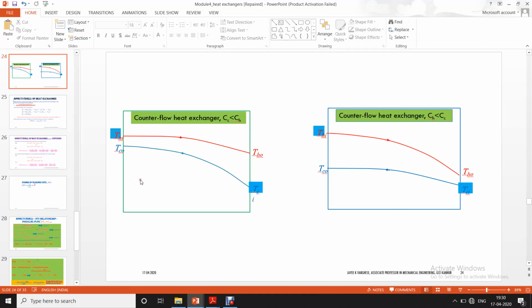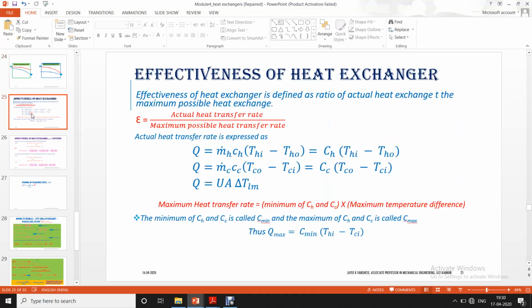Now we know that the heat transfer is given by Q equals m dot h Ch into Thi minus Tho. That can be written as capital Ch into Thi minus Tho, which is also the same as Cc into Tco minus Tci.